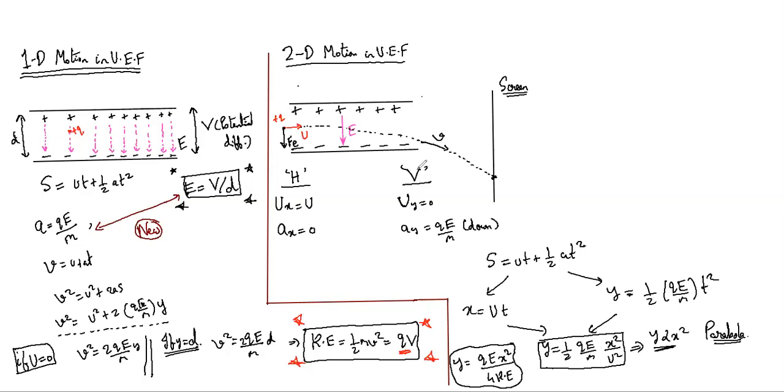Is this clear to everyone? Any doubts in this? Avikshu? No, sir. Okay, very good. So it's a simple thing. This 2-dimensional motion is like 1-dimensional motion.